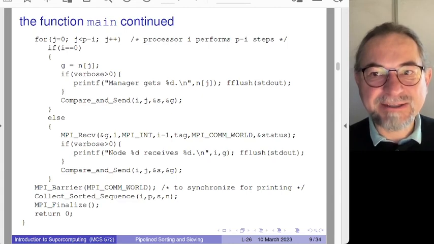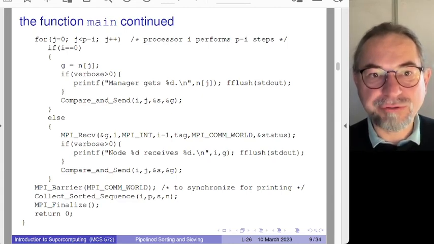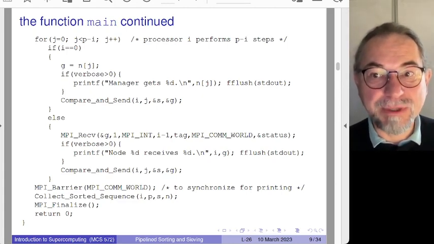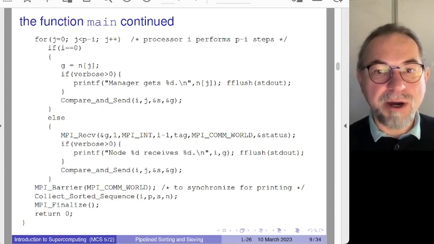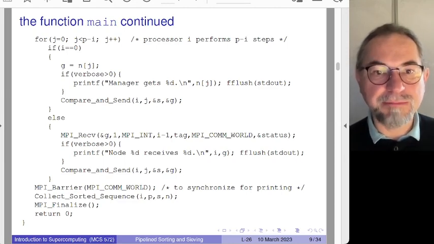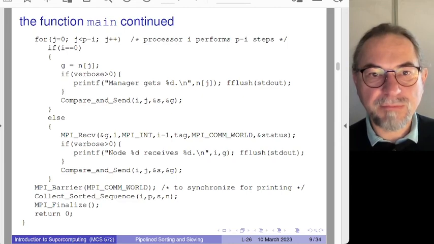So there is an explicit loop that runs here. There is the main loop at the top of the slide, but then there is also the implicit loop that happens because this code is executed by P processors. One manager, P minus 1 workers.